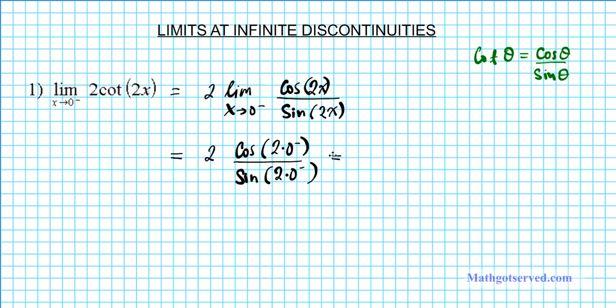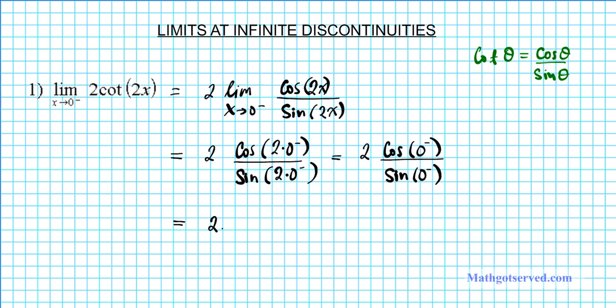So this becomes 2 cosine 2 times 0 from the left, which is simply cosine 0 from the left over sine 0 from the left also. Now we have 2 times, what is cosine 0 from the left?